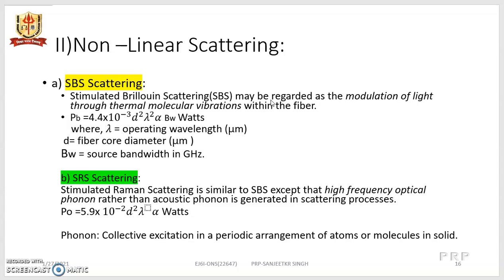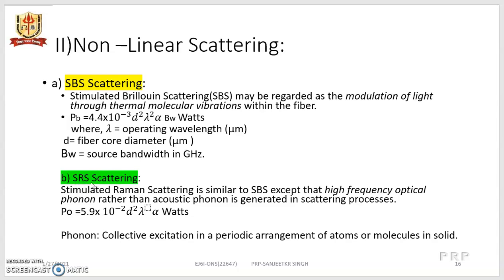So here we may regard it as the modulation of light through thermal molecular vibrations within the fiber, and the threshold optical power is given by PB in watts equal to 4.4 into 10 raised to minus 3 d squared, lambda squared, alpha, BW, where d is the diameter, lambda the wavelength, alpha the attenuation in dB per kilometer, and BW is the source bandwidth in gigahertz, and lambda and d are in micrometers.